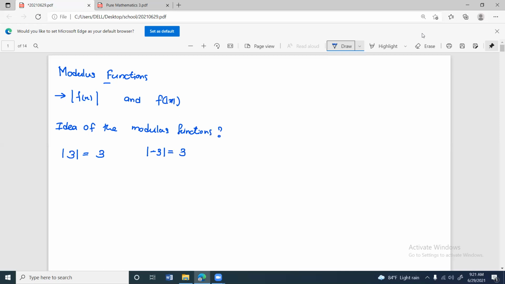So you can say simply, irrespective of sign, the largeness is explained by the modulus.